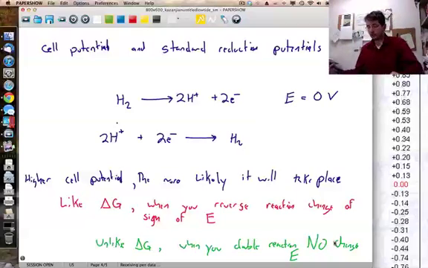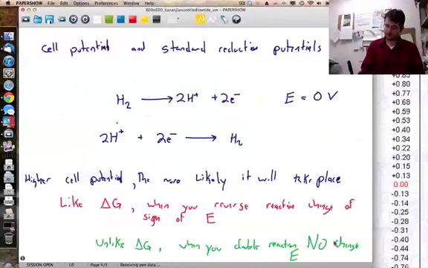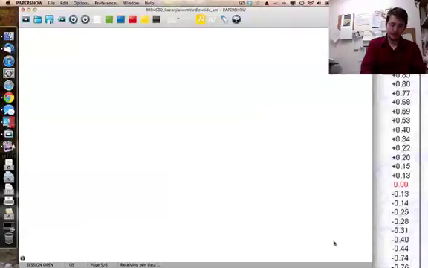So let's take a look at one of the first chemical reactions that was discovered electrochemically. This is the one we've done in the lab: copper ions, Cu plus 2, plus solid zinc goes to copper metal plus zinc ions.